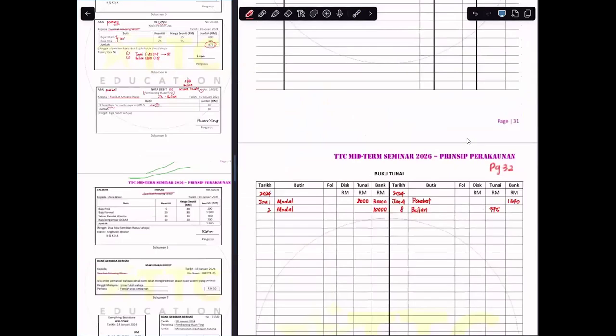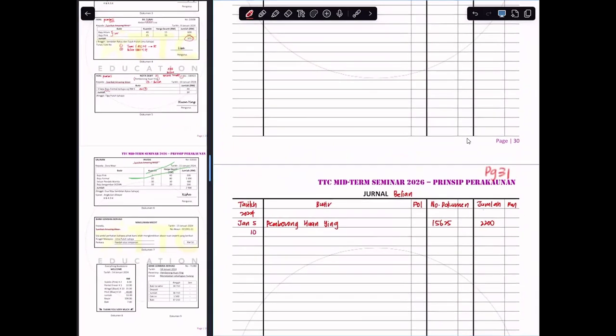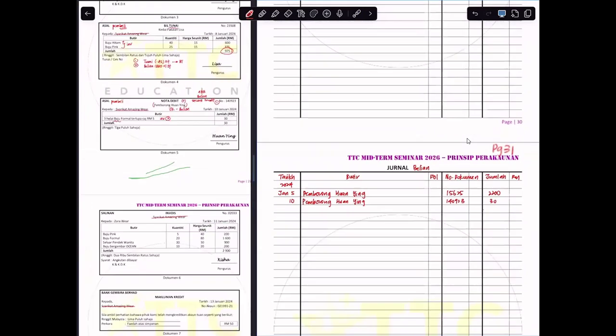Then record into the second transaction of your journal belian. On 10, it is pemborong Huaning again. Number document 140923. Value 30. Okay, done.